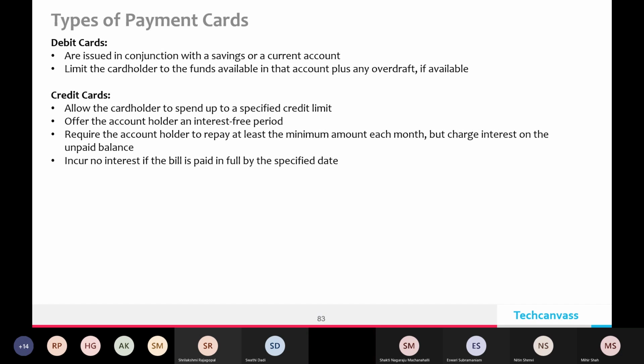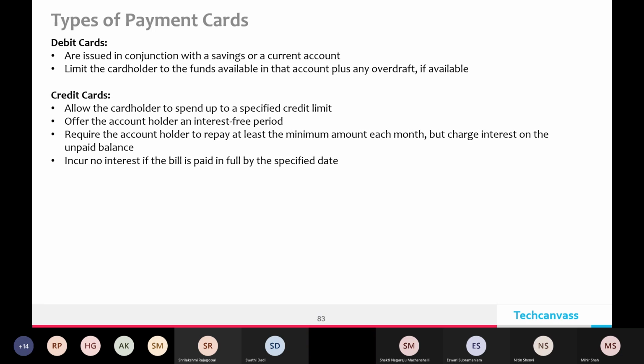And credit cards require the account holder to repay at least the minimum amount each month, but charge interest on the unpaid balance. So once the amount is spent, the expectation is that the account holder would pay at least the minimum amount every month, so that the bank starts getting back the funds given to the customer. Even if a customer doesn't repay the minimum amount, then the charges would be much higher.